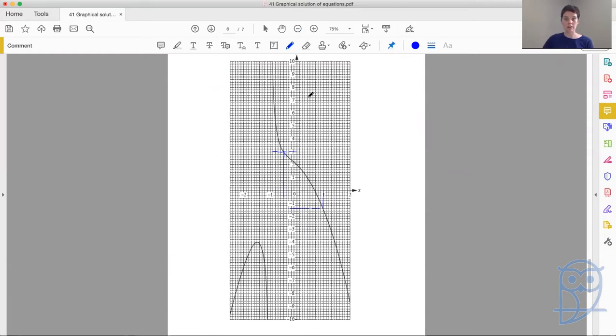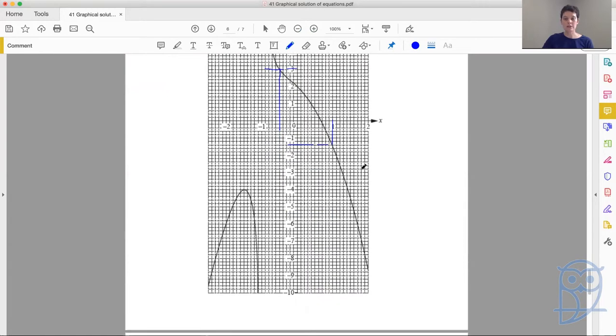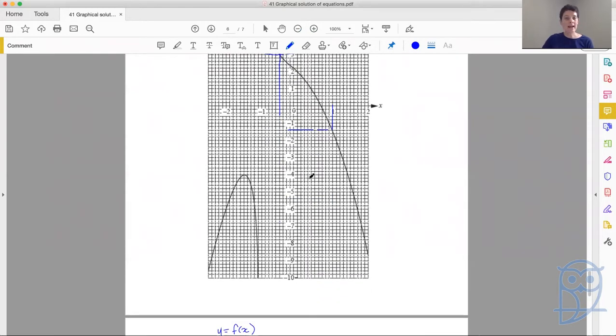Well, there's lots here, all this top section. It's only when we get down here that we start getting more than one solution. So where exactly do we get that? It is exactly at minus 4. See, now we've got two intersections.